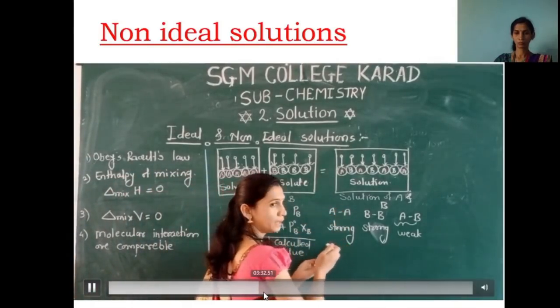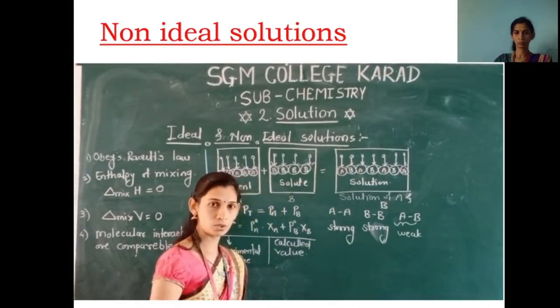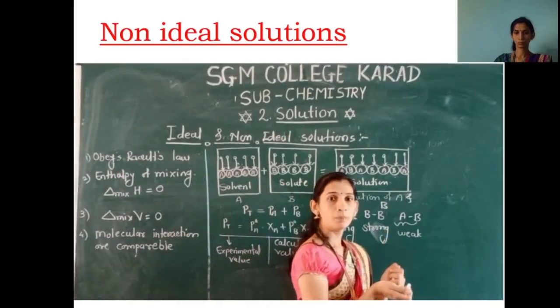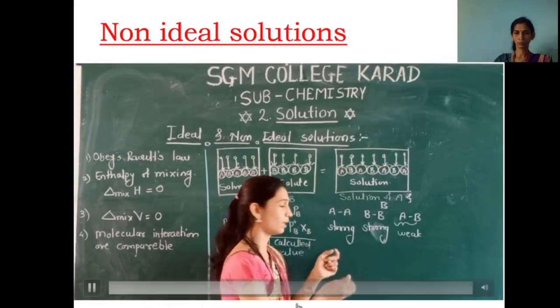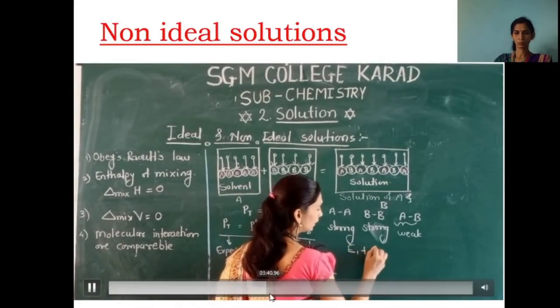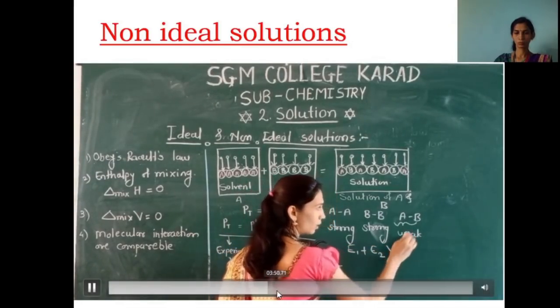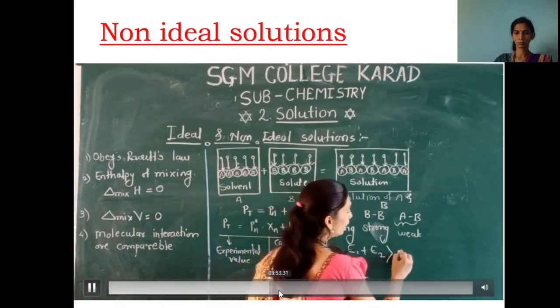For breaking of this bond, it requires more energy as compared to the making of a bond. Bond break करण्यासाठी एनर्जी जास्त लागणार आहे, म्हणजेच E1 plus E2 ची व्हॅल्यू as compared to that one is higher.